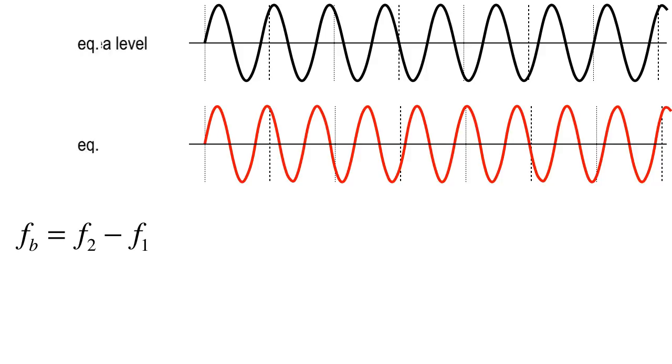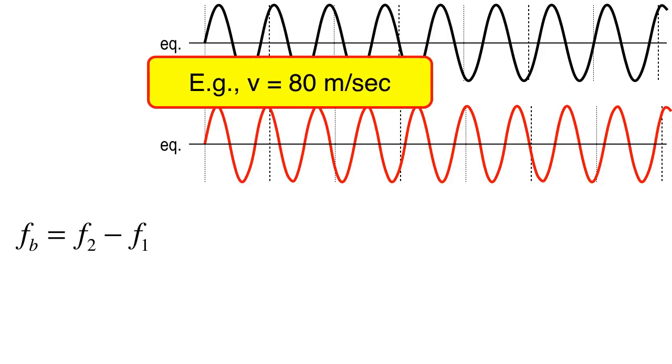Now, here are my equilibrium lines. Your pressure variations are high pressure, low pressure, relative to equilibrium, or ambient air pressure. Now, for this one, I made up an imaginary wave speed of 80 meters per second. Go ahead and write that down.